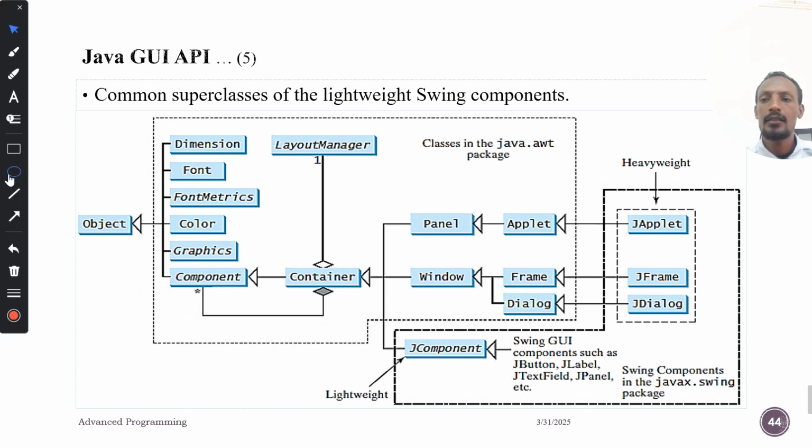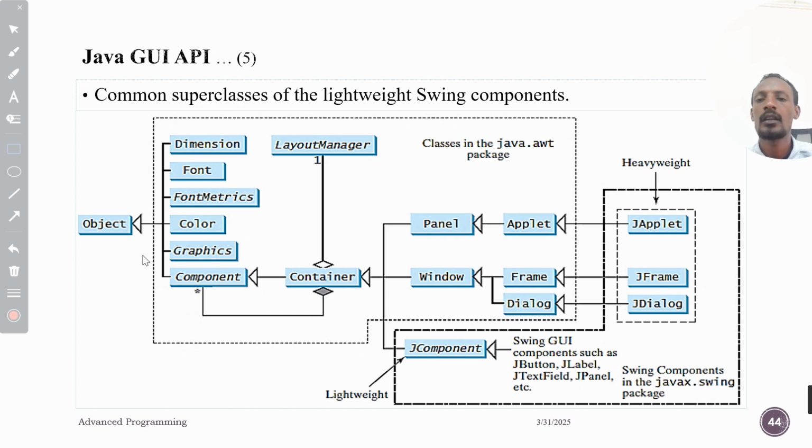The helper classes, Dimension, FontMetrics, Color, Graphics, LayoutManager, are directly taken from the root of the GUI, that is Object. They are common for both Swing and AWT.